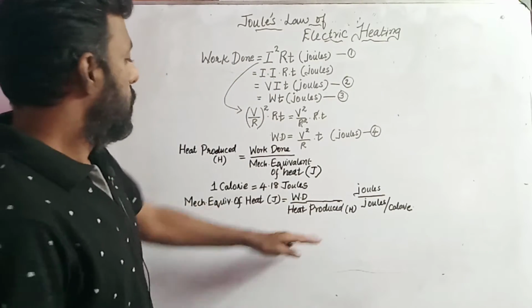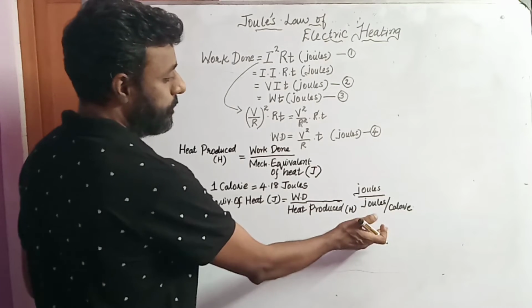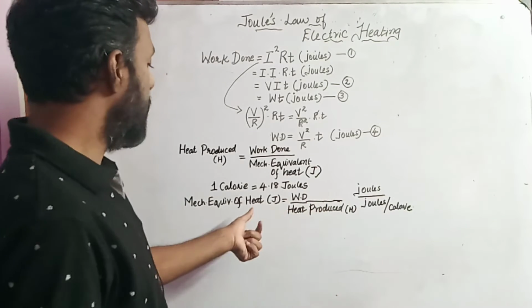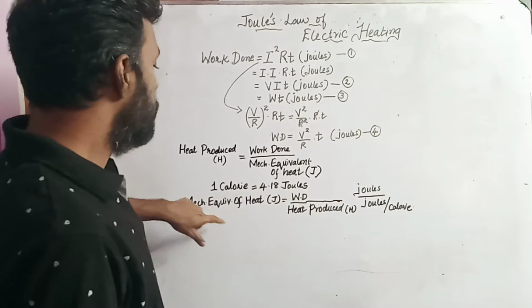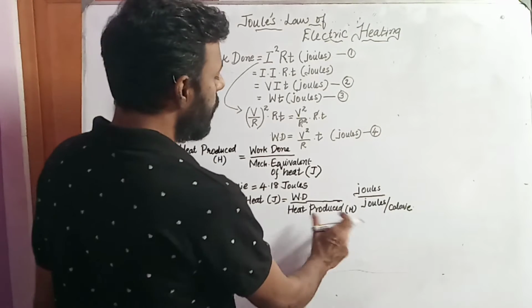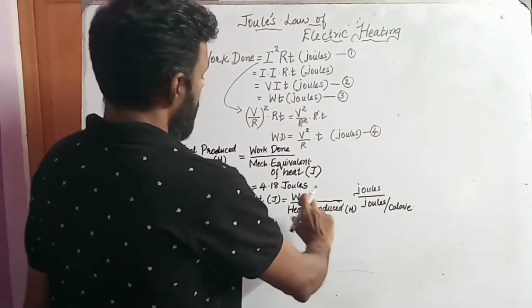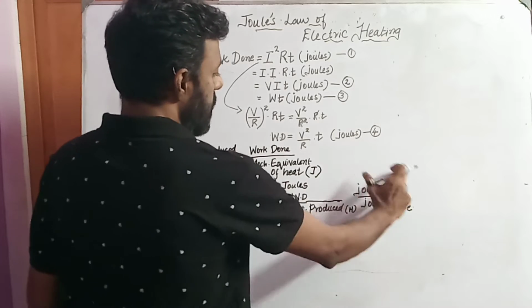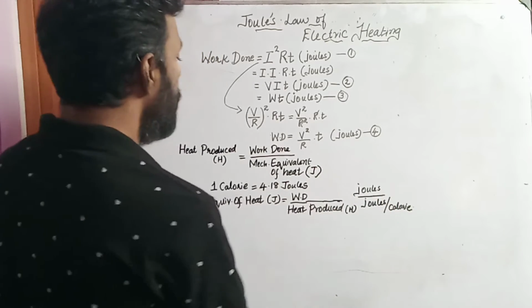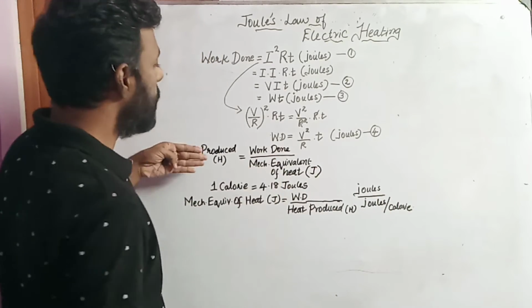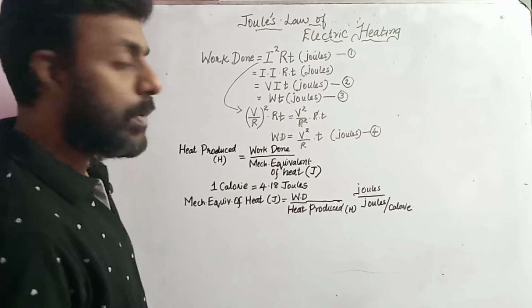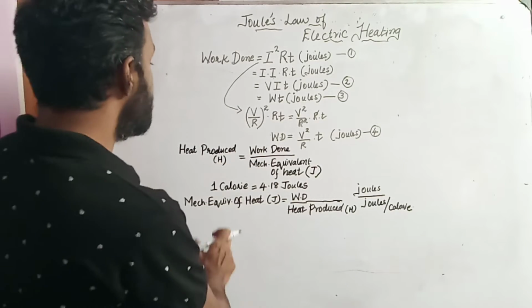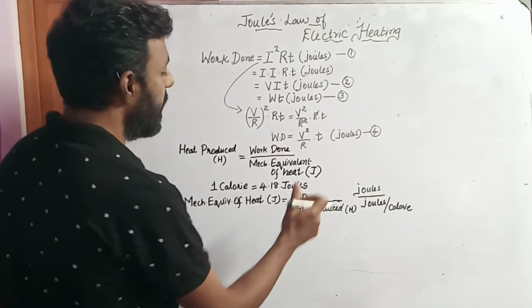Now this is the expression that we require. So now we are going to take these equations. The first equation is heat produced equal to work done divided by the mechanical equivalent of heat, and in the second case the mechanical equivalent is equal to work done divided by heat produced.